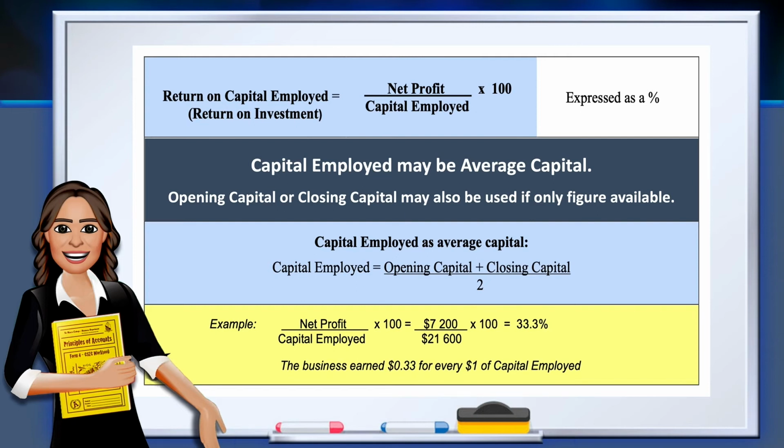That means that the business earned 33 cents for every dollar of capital employed, or their return was 33.3%. They yielded 33% of capital employed in the form of profit.